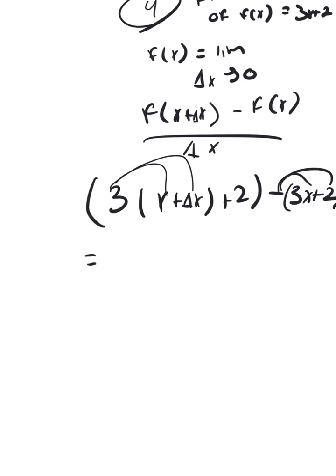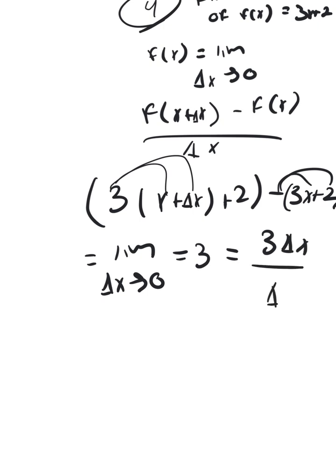We'll find that we're left with the limit as delta x approaches 0 is actually equivalent to 3, because 3 delta x over delta x cancels out, and you're left with 3 over 1. And that is the answer.